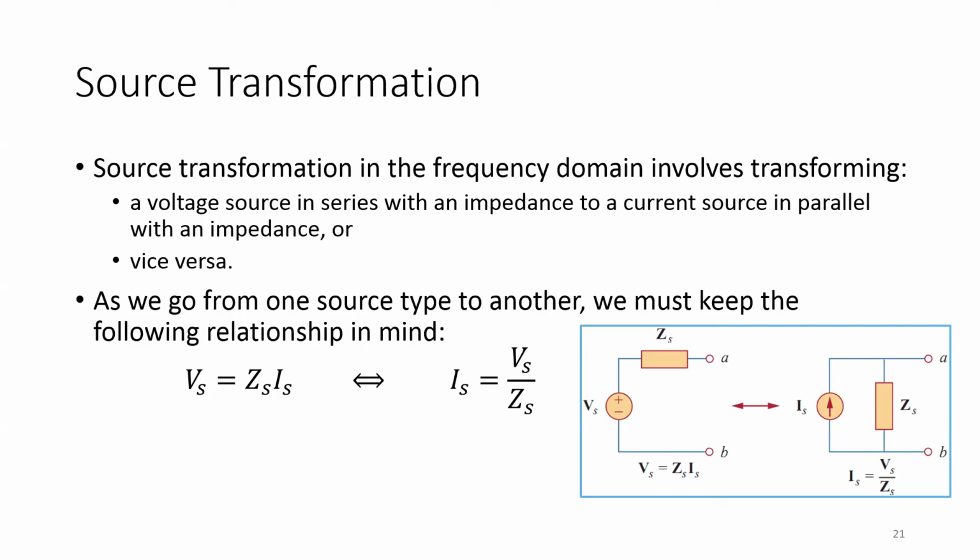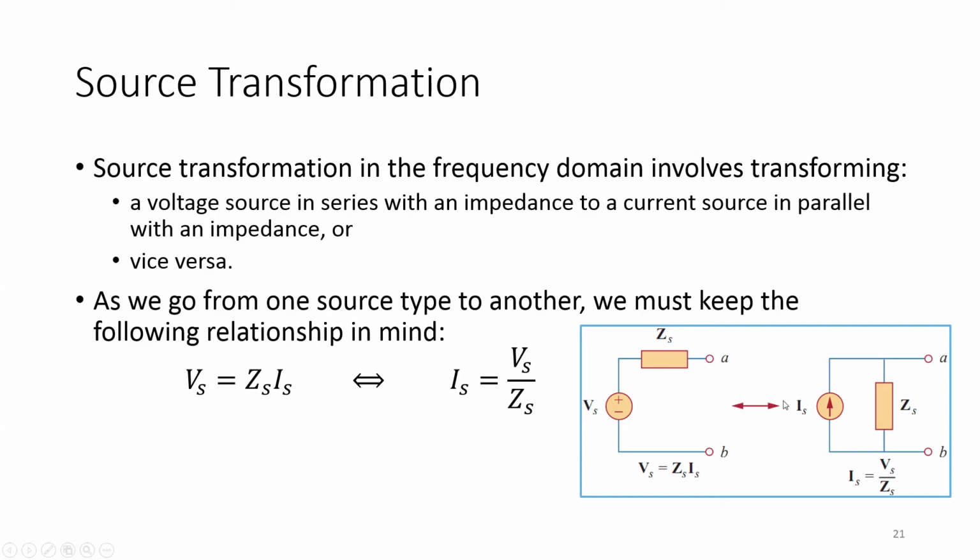So the source transformation also carries the same principle and has the same type of formulation and transformation methods. For example, if we have some voltage source in series with some impedance as shown here, it can be converted into a current source in parallel to the same size of impedance.